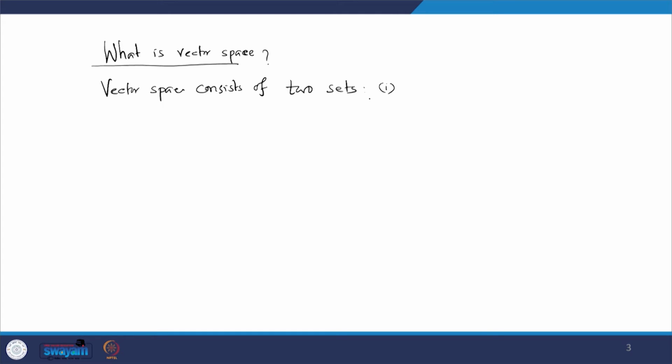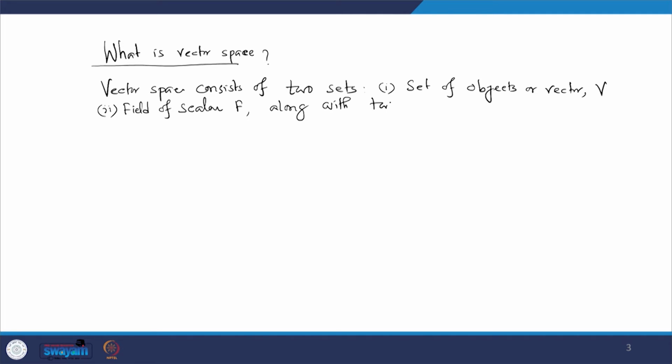One is a set of objects or vectors, which can be denoted as capital V, and another is a field of scalars, which I am denoting by the standard notation F, along with two binary operations.